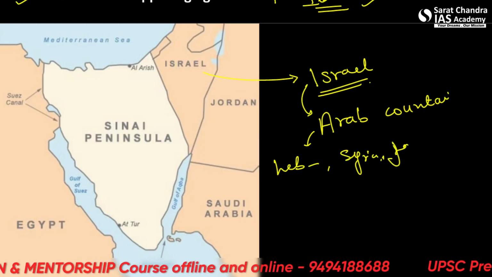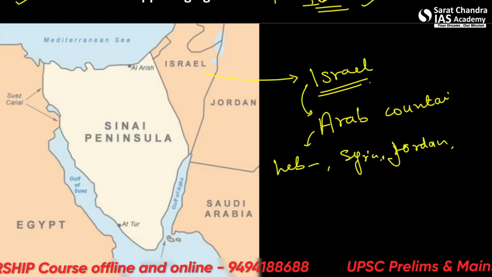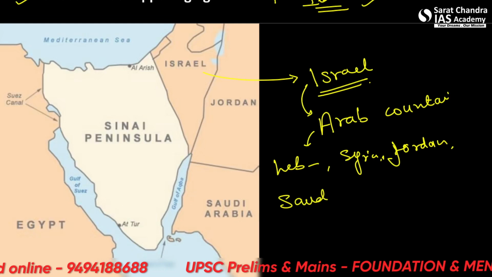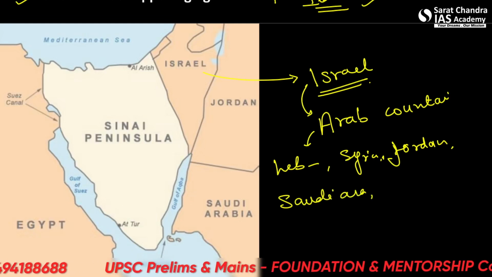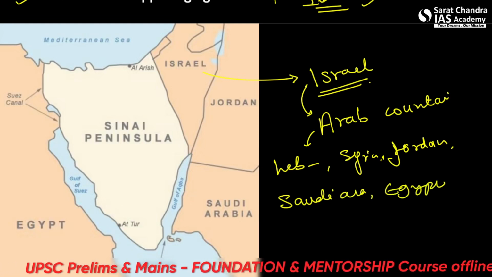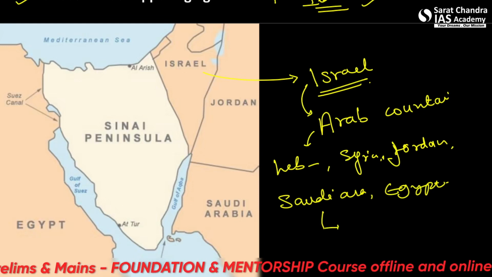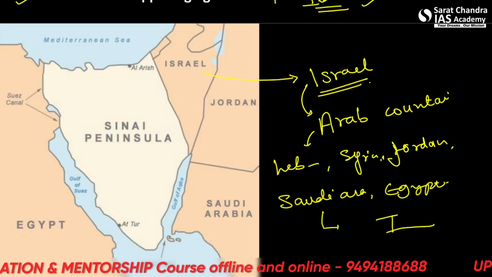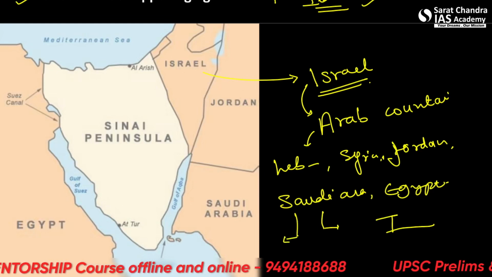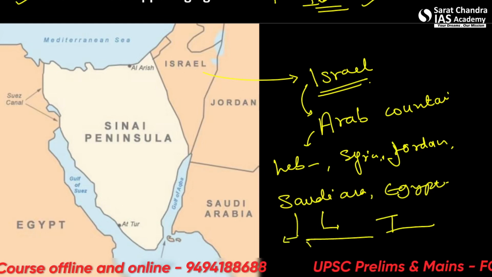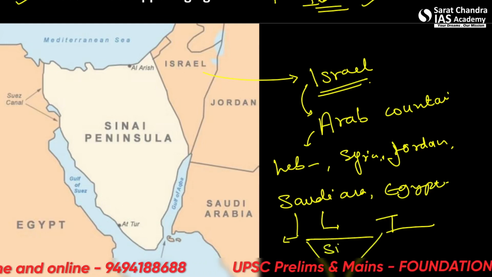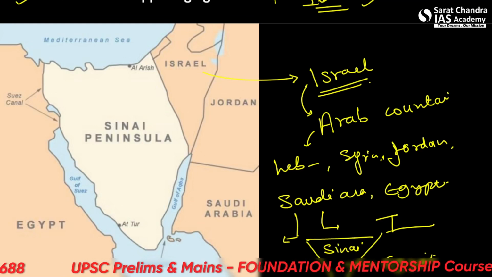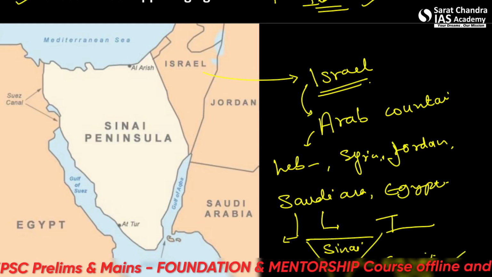Then there lies Jordan on the other side of the Jordan River, followed by the Saudi Arabia, the Egypt, and to east of the Saudi Arabia lies Iraq, and so on. The Egypt lies to the west of Israel. There's a territory named the Sinai Peninsula, which belongs to the Egypt and is under administration of the Egypt.